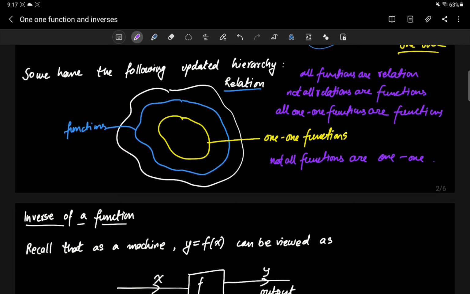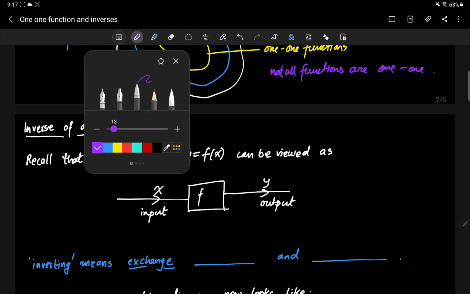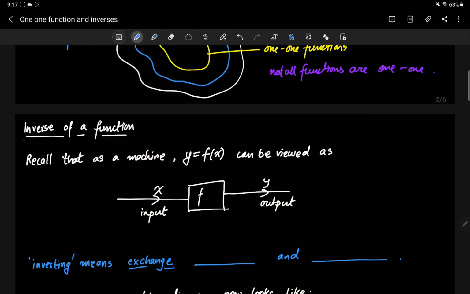Now the reason we introduced this notion of a restricted function called 1-1 function is to help us study another class of function which is very important and useful, and this is called the inverse of a function. Now you are familiar with inverse operations.